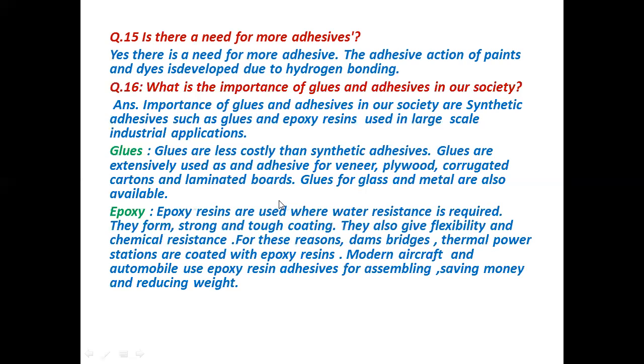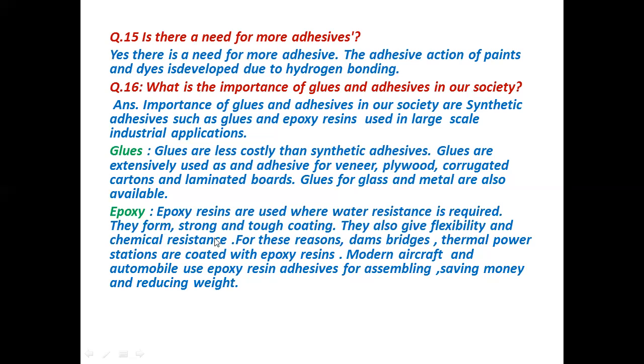Epoxy, I told you that these are organic compounds which have an epoxy group, a functional group, in their structure. Inshallah, you will learn about the epoxy group in grade 10. Epoxy resins are used where water resistance is required. They have high resistance towards water, acids, and other chemicals. So they form a strong and tough coating, and we mostly use them in paints.